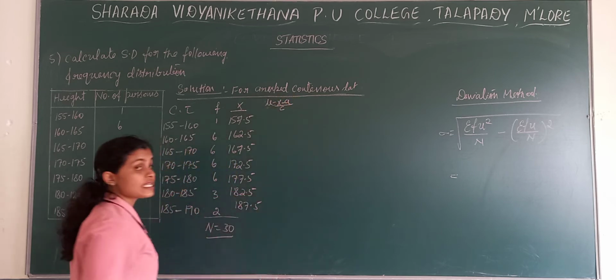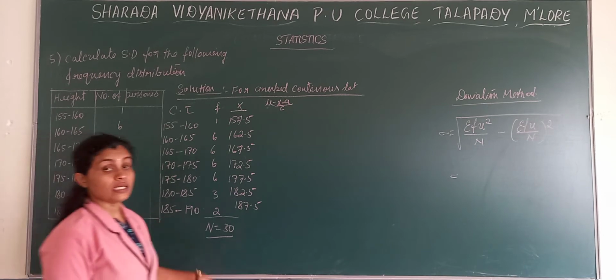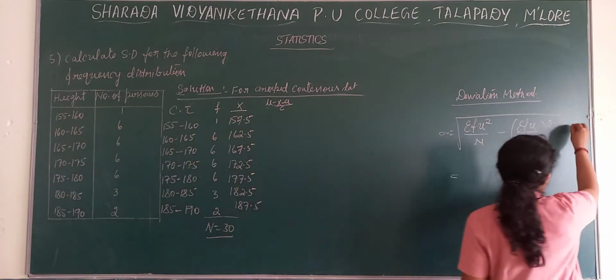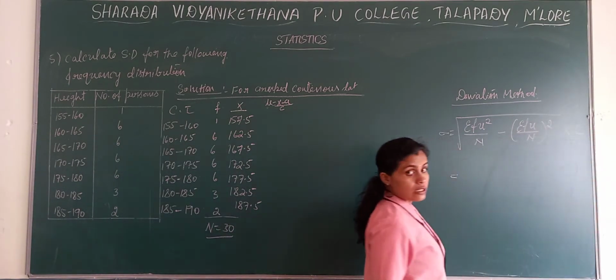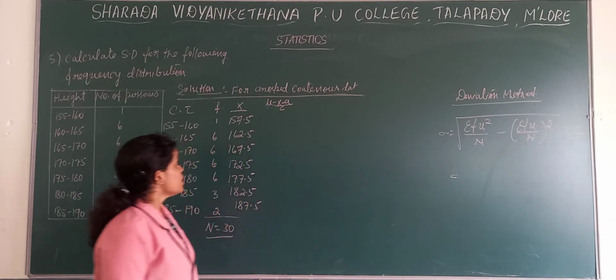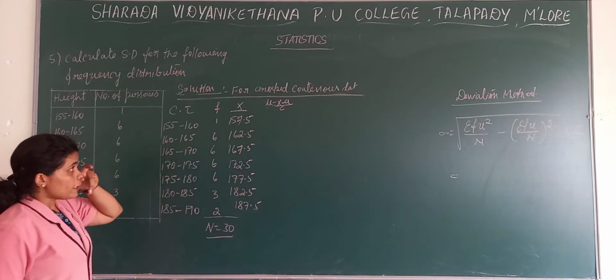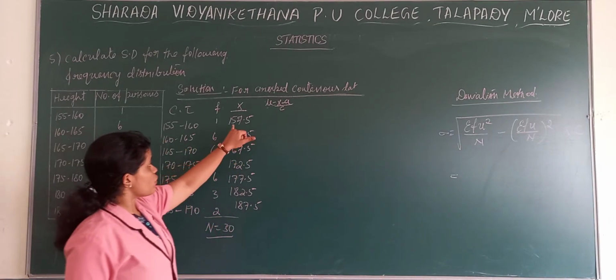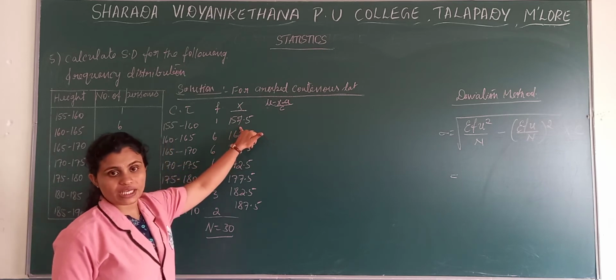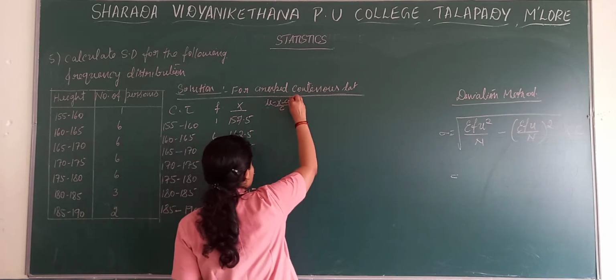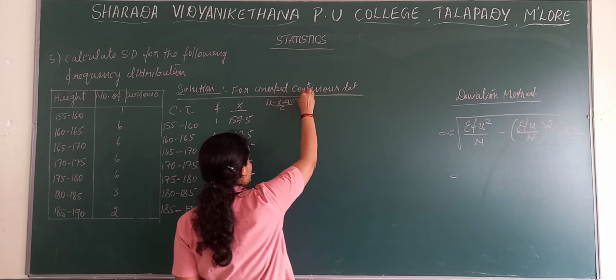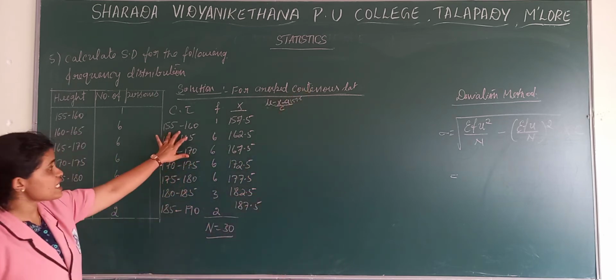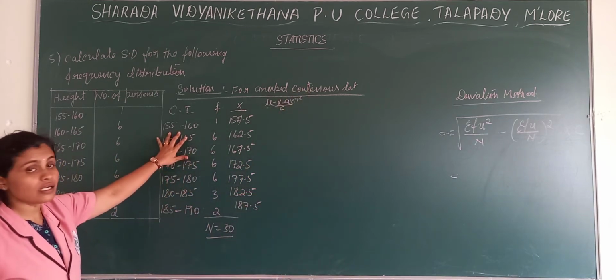Here c means we have a gap. See, in the formula we have c into c. Now for a we take the first value, the least one, 157.5. And what is the value of c? C means the gap. The gap here is 5.